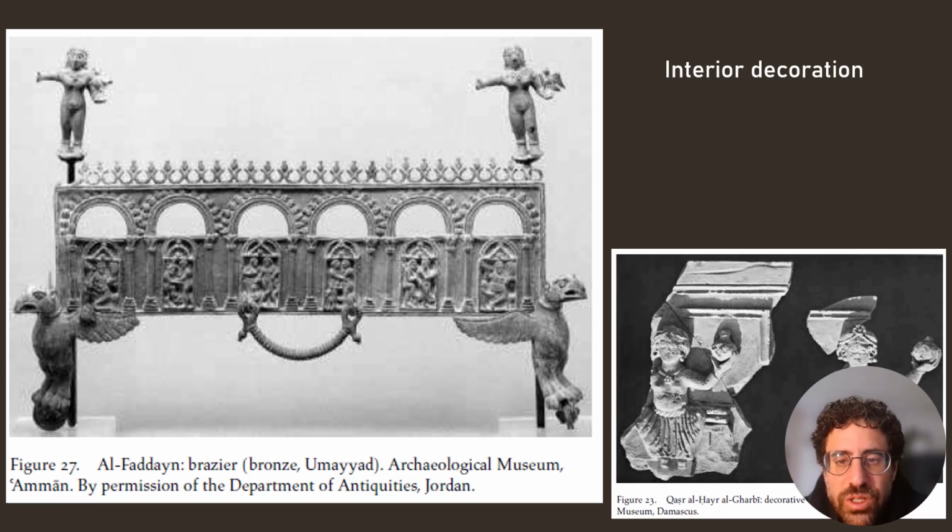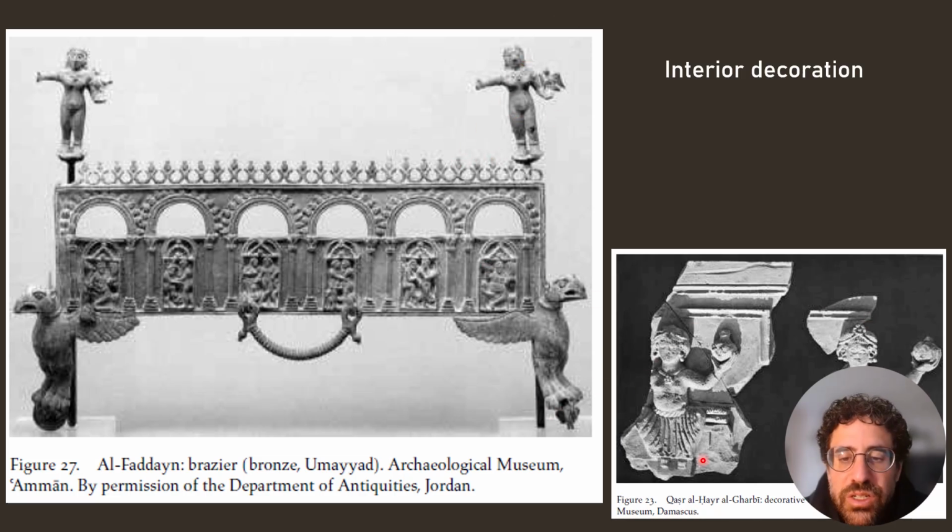We can also look at, interestingly, the kind of furniture or metal pieces that they would have used, some of which have survived, such as this brazier, which we can date to the Umayyad period, that would have been used in these palaces, which again clearly uses both animal and figurative motifs.